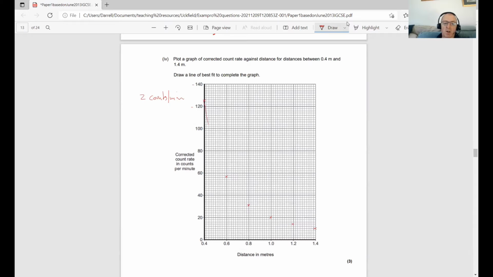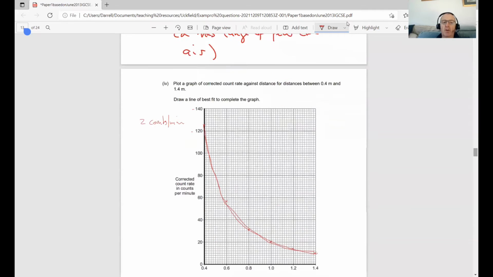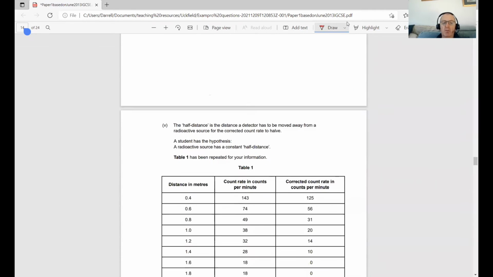But what we need is a smooth curve going through our points. What we don't want is to go dot to dot. It should be a smooth curve. Okay, so there we have our graph for 3 marks.